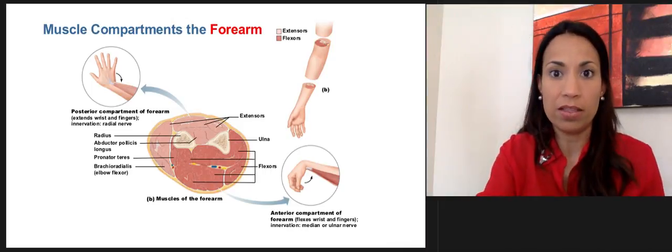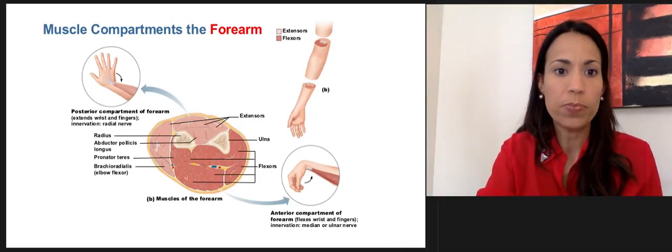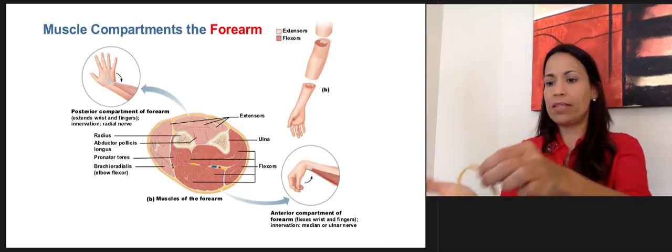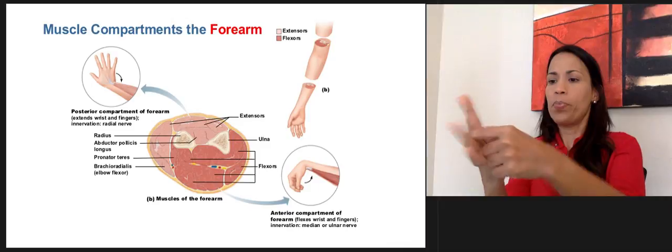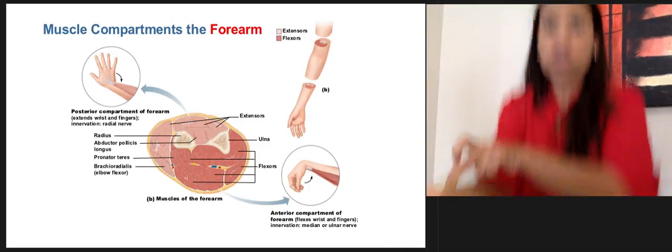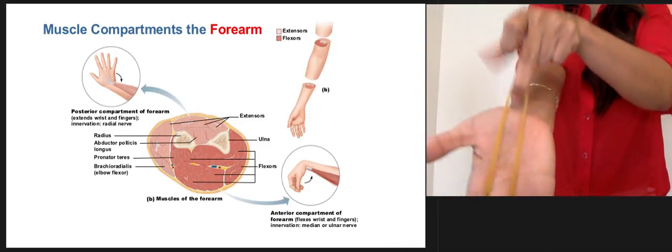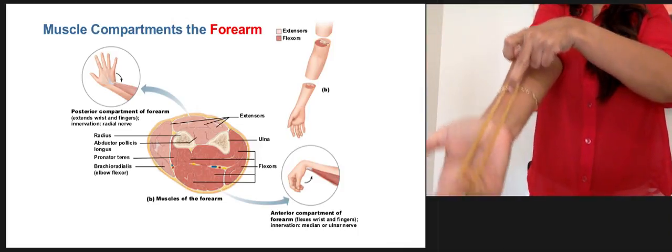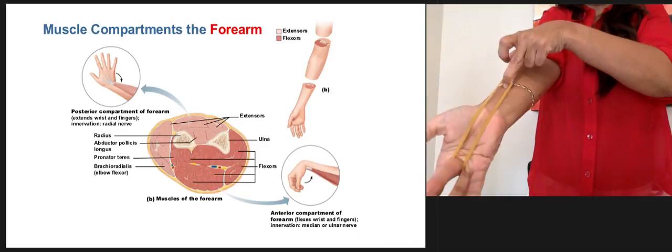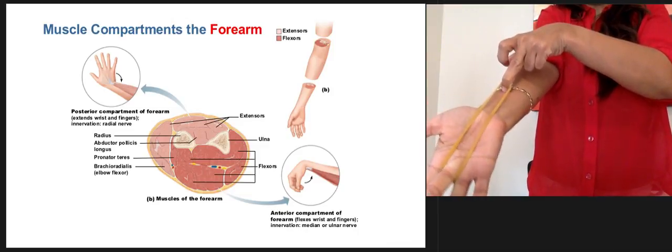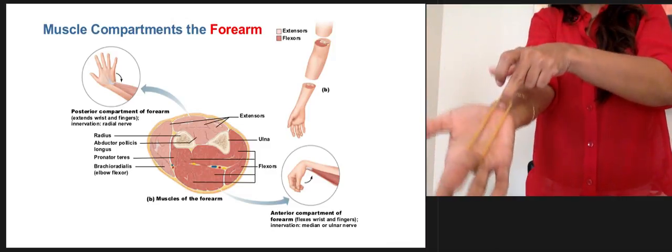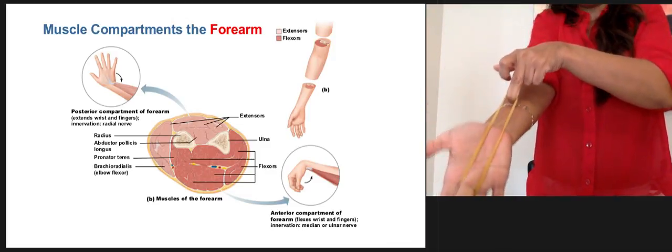So if they cross, same example, let's put it like this. If I have a muscle, and you see it here, that crosses anteriorly from any place in the forearm to the wrist, or it goes to the fingers, when I contract it or pull it, I can flex the wrist or the fingers, or both.